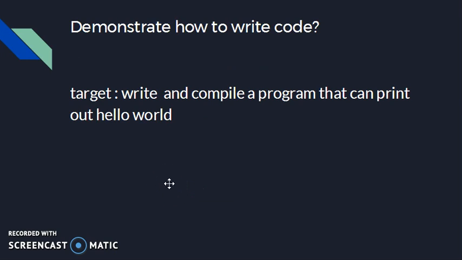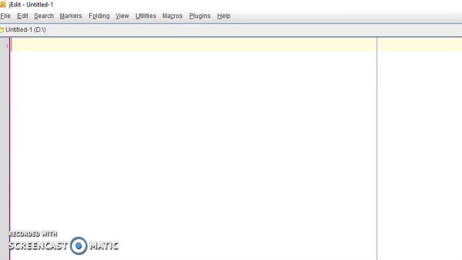Now, I will demonstrate how to write code. First, open a text editor. I open the gedit. You can open whichever you like. Next, I will start to write a Java-style code.